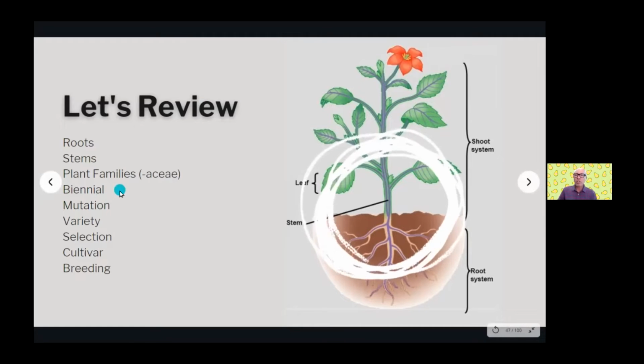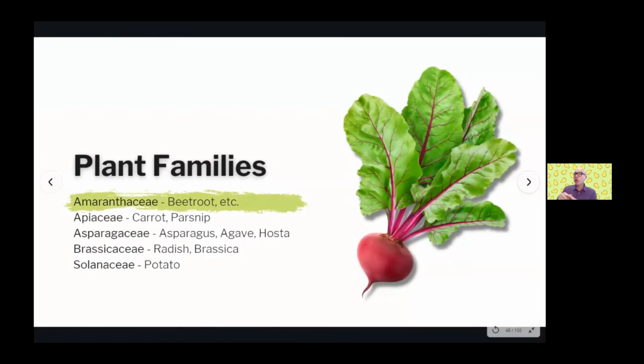We talked about plants that spend 2 years to fulfill their life cycle and how people stop them after their first go at storing up energy for the second year. Mutations leading to different varieties or also selections or named cultivars through the selective and intentional breeding of these plants in cultivation, stripping them of their natural defenses and making them unable to survive as they would be in the wild.